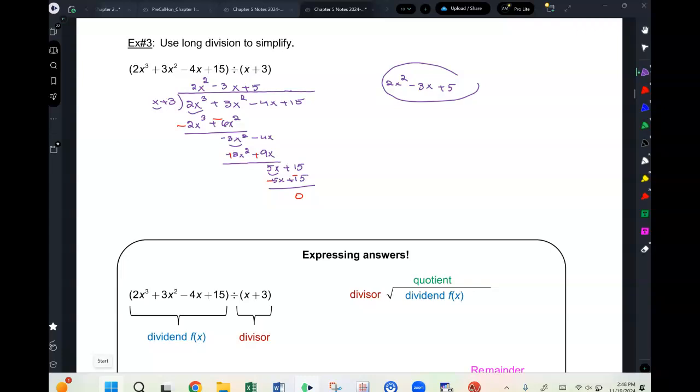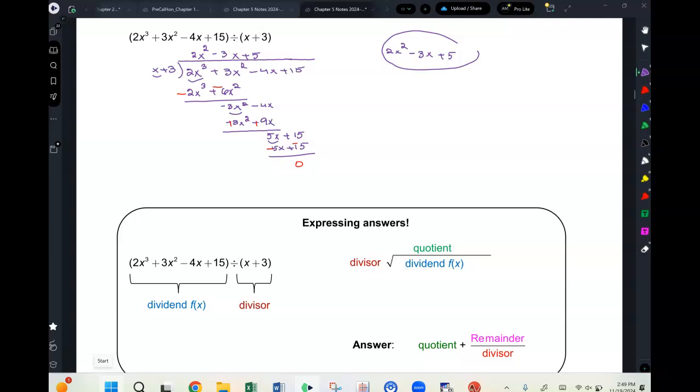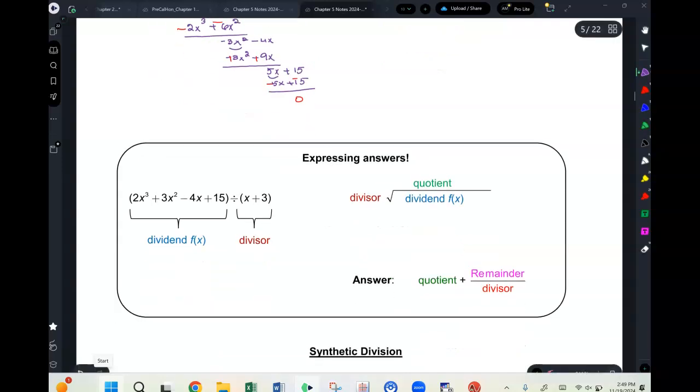So it could go on for steps and steps and steps. Okay, so this is definitely, we're getting into new territory now. So now we have the dividend divided by the divisor. We divide it in this way. So here we have our quotient.